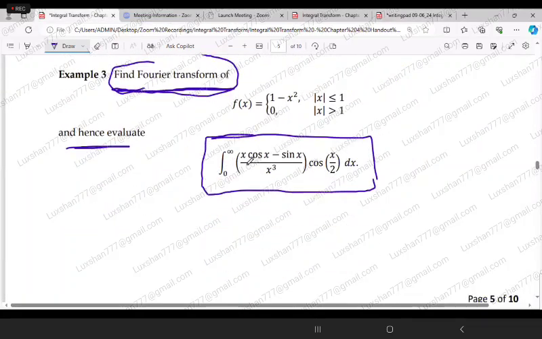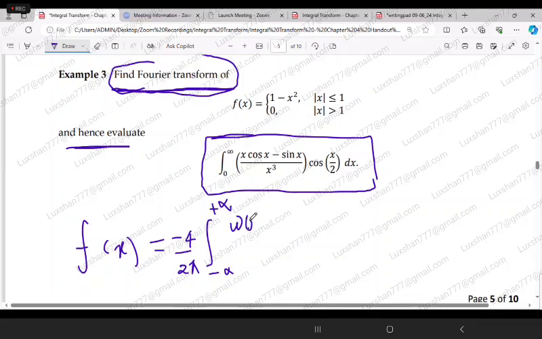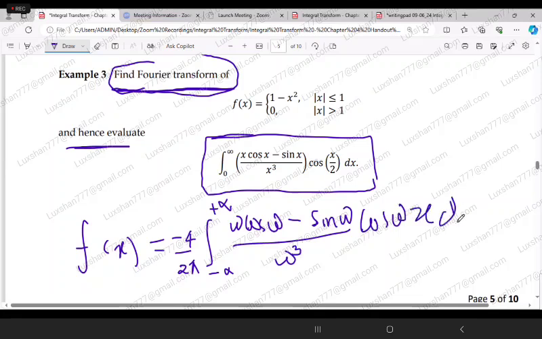Now if you look at the thing we want, actually we don't have omega, we have x only. Here we have f(x) is equal to the integration of minus 4 over 2 pi, from minus infinity to plus infinity, of omega cos omega minus sin omega over omega cube, into cos omega x, d omega.